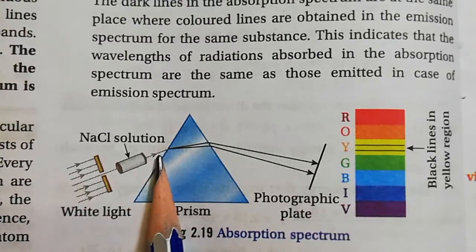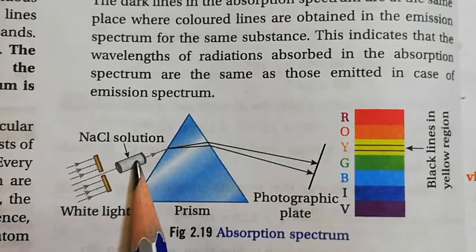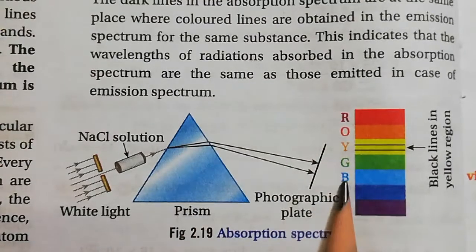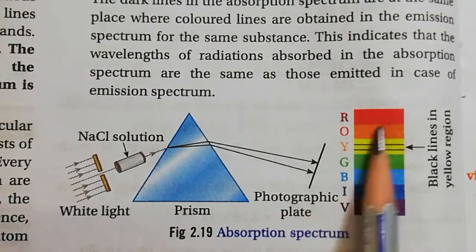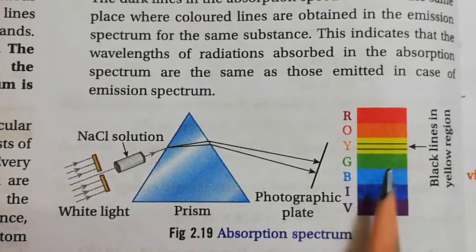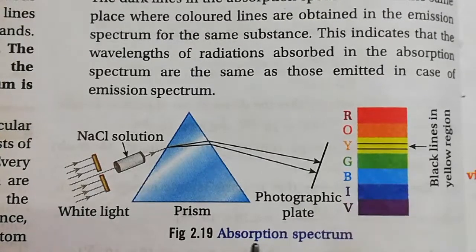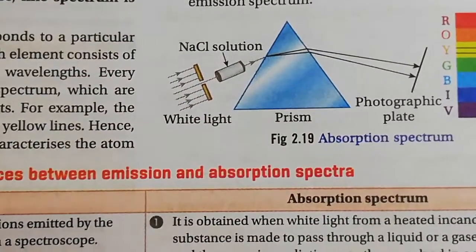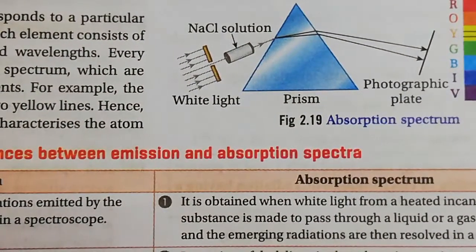The other light comes to the prism here, and you get different radiations, and another spectrum is obtained, and that is said to be the absorption spectrum. So spectrums are of two types: one is emission spectrum and another is absorption spectrum.